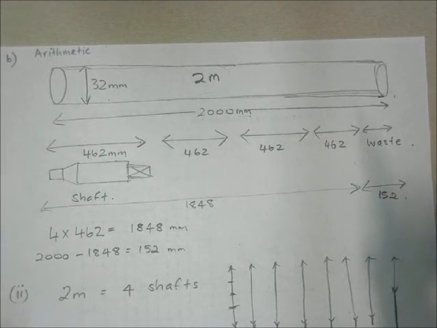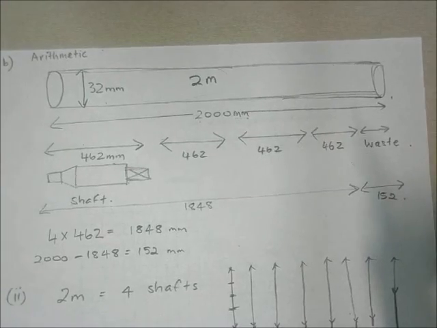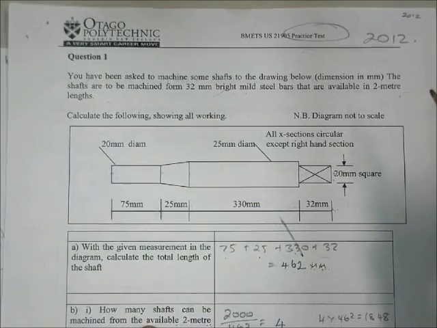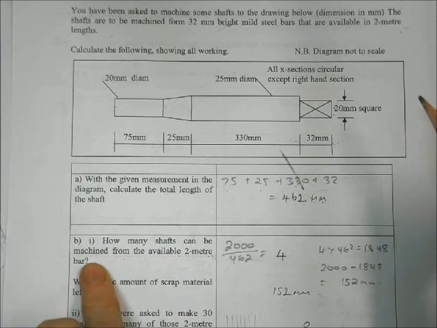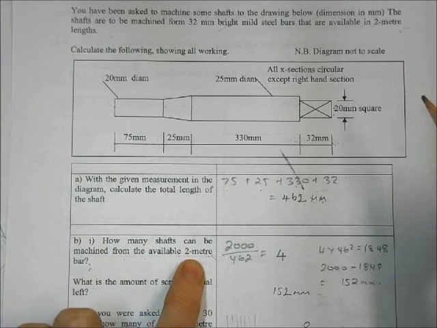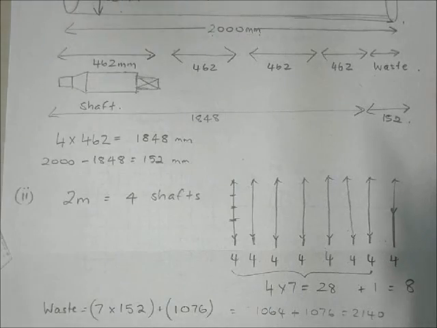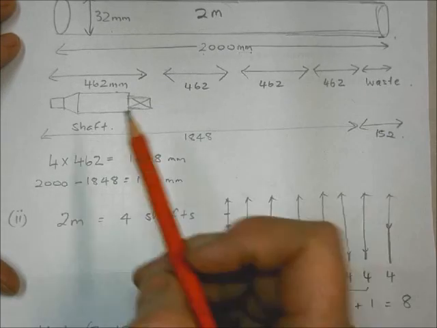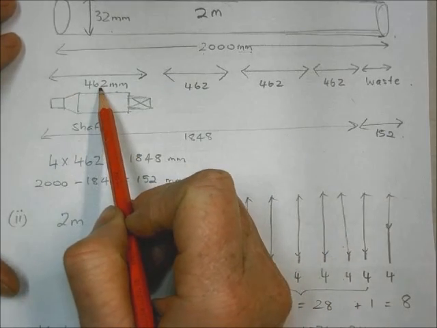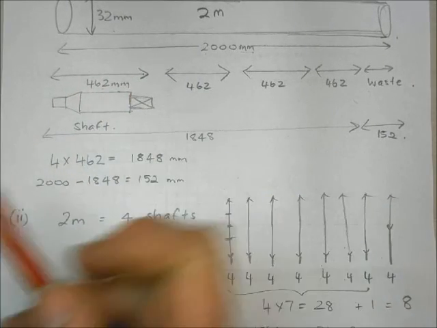We know, now which question are we up to? Okay. How many shafts can there be machined from the available 2 meter bar? Now we've just worked out that one shaft is 462 millimeters long.